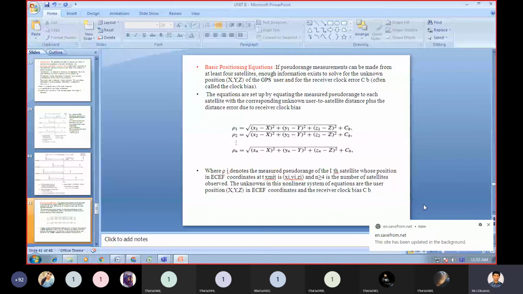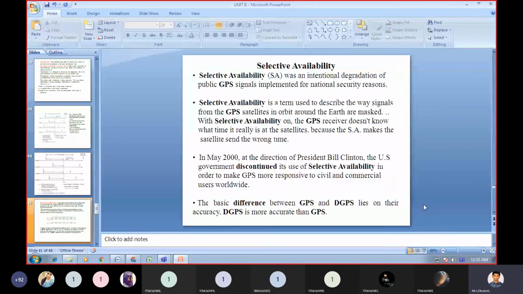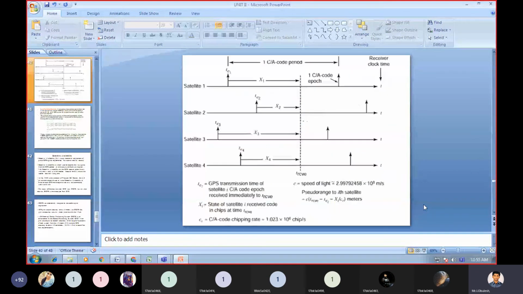The unknowns in this nonlinear system of equations are the user position x, y, z in ECEF coordinates and the receiver clock bias. You need to see the diagram, the previous one only.